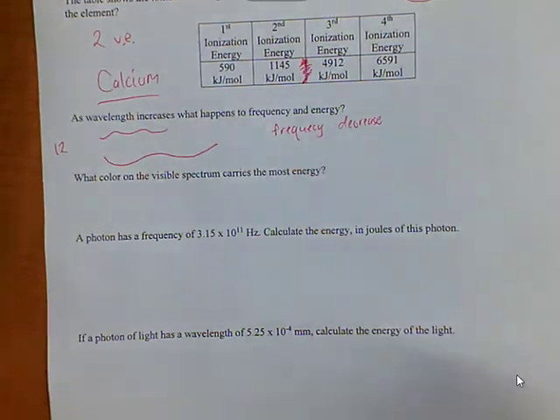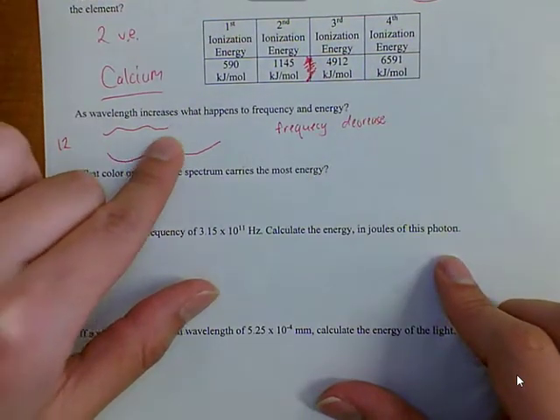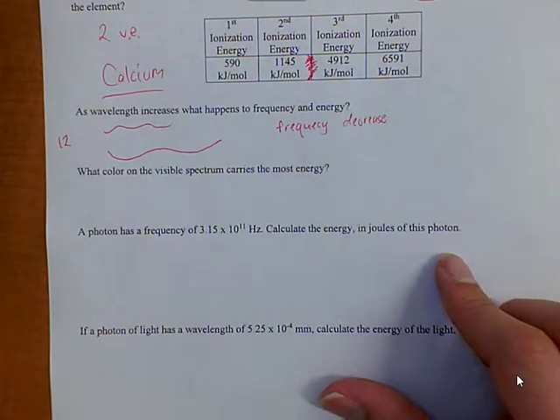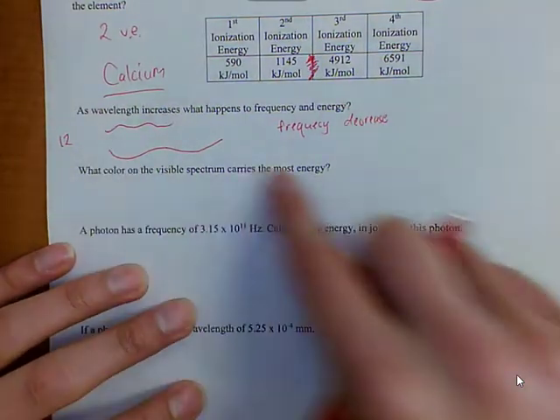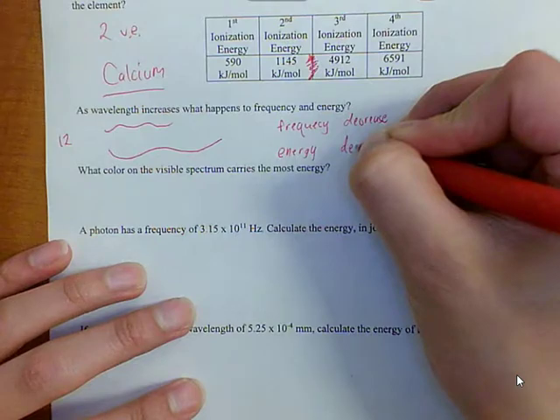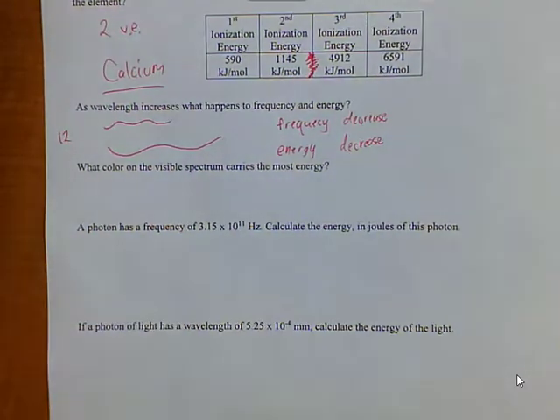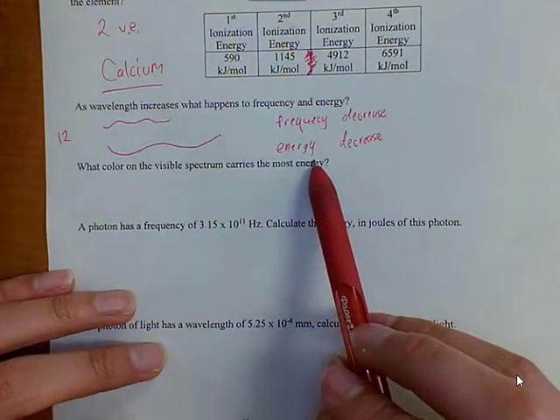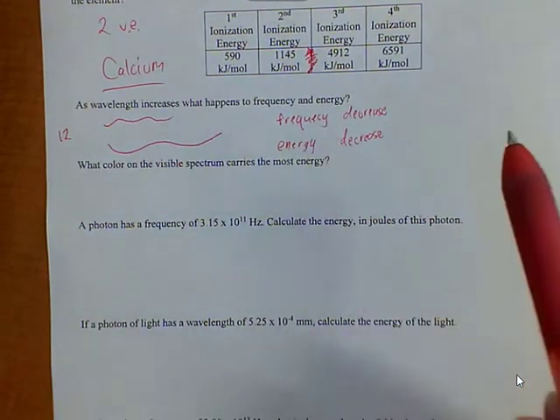Remember, frequency is waves per second. So if my waves are longer, I'm going to have less waves per second. And since I have less waves per second, then my energy will also decrease. Okay, you have to know that relationship. Wavelength is inversely related to frequency, and energy and frequency are directly related.